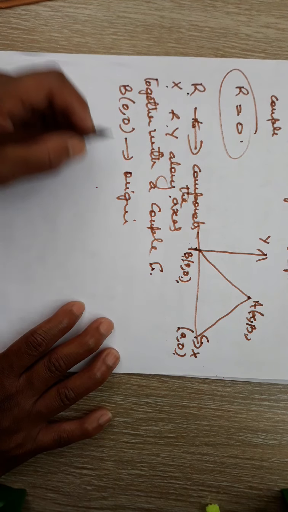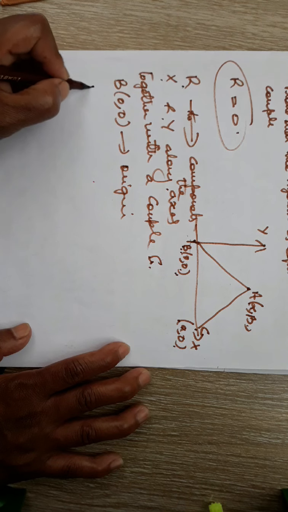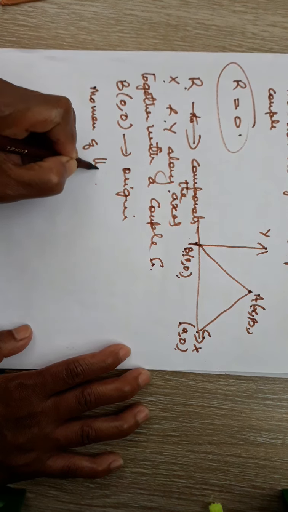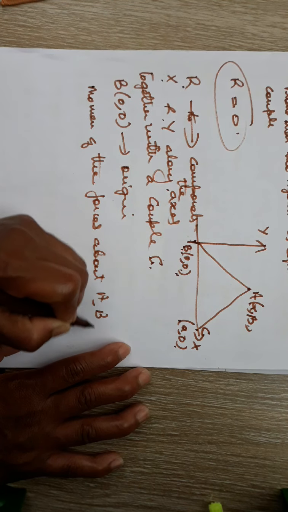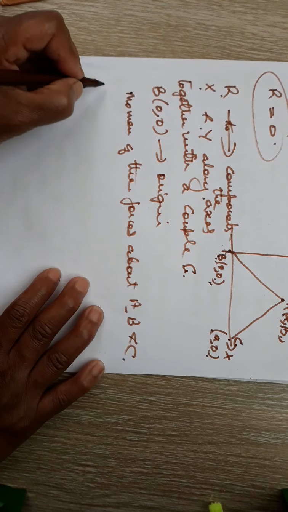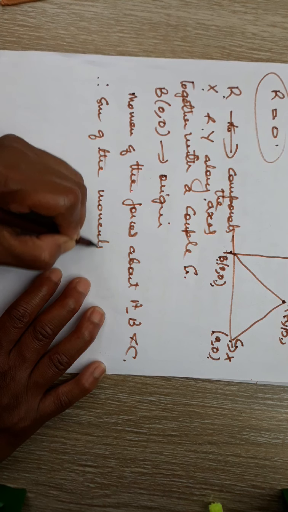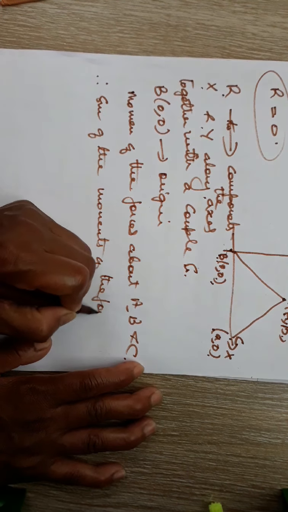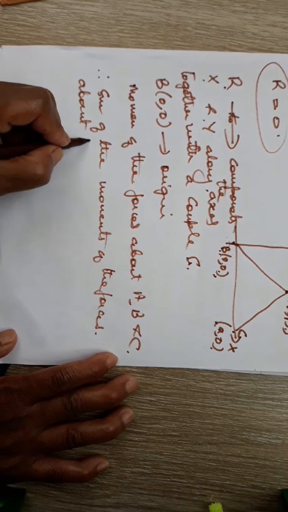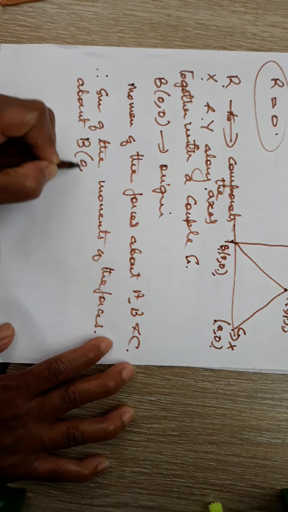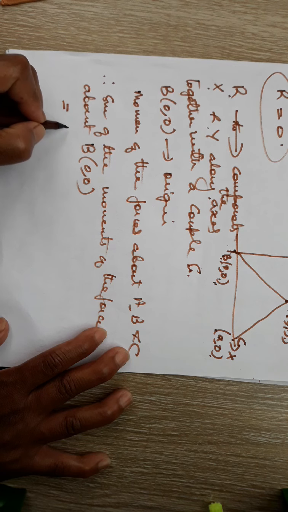Now we take the moment of the system of forces about these 3 points, that is, about A, B and C. Number 1, the sum of the moments of the forces about the point B, 0, 0.